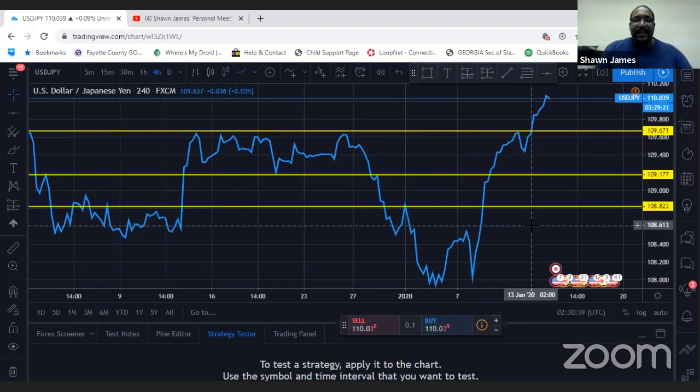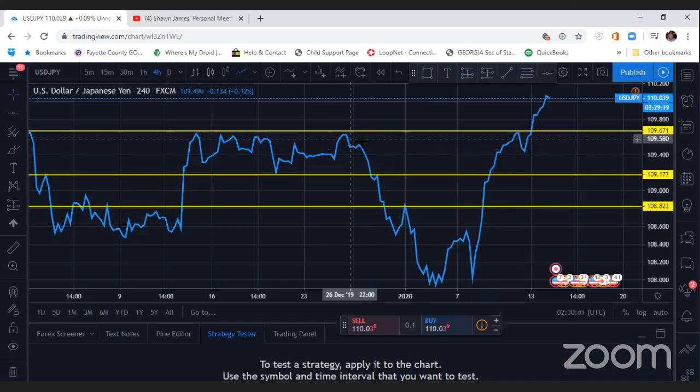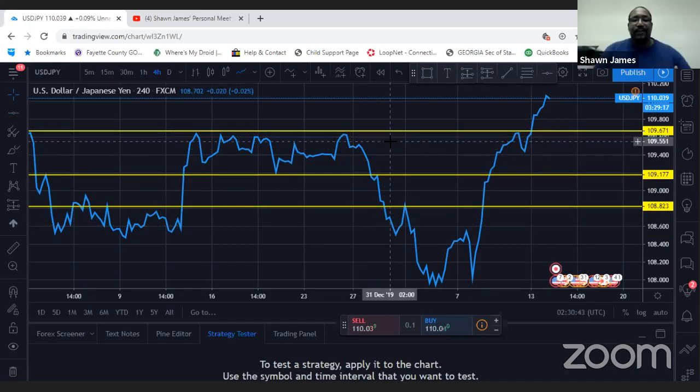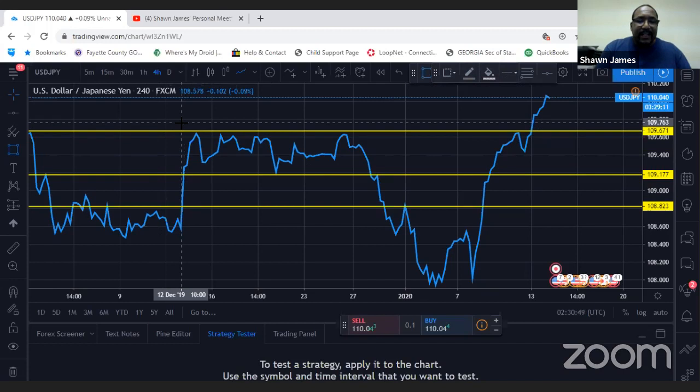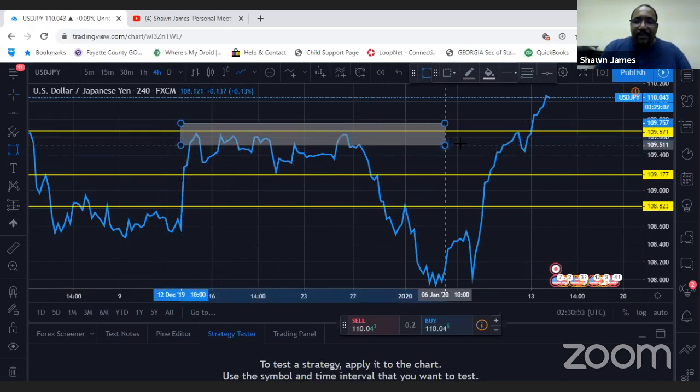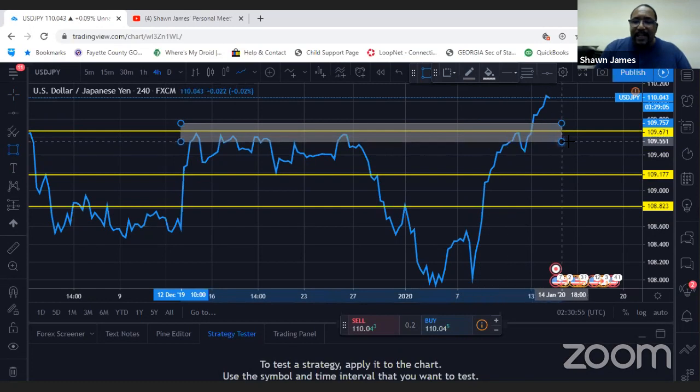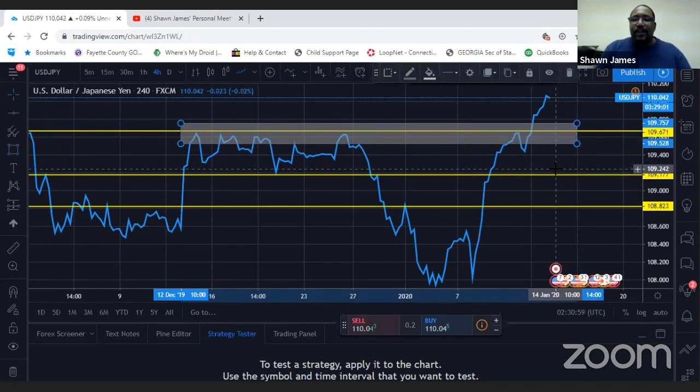This is a line for us to refer to, just the individual trader, but really it's a zone area. It's really not one line. It can be anywhere around here. It's never exact.